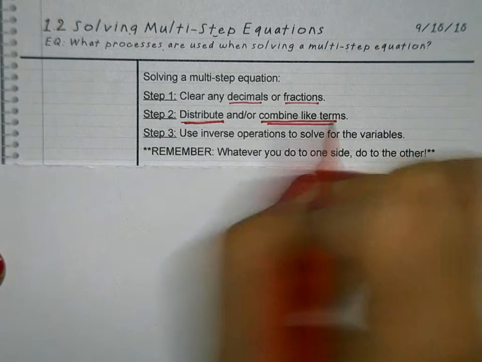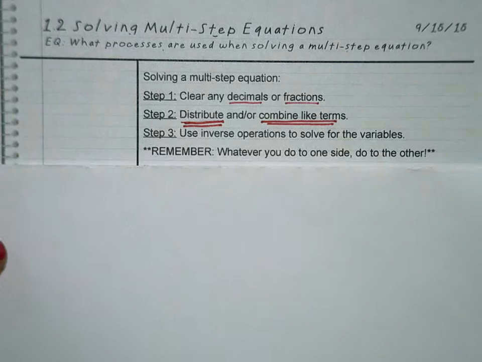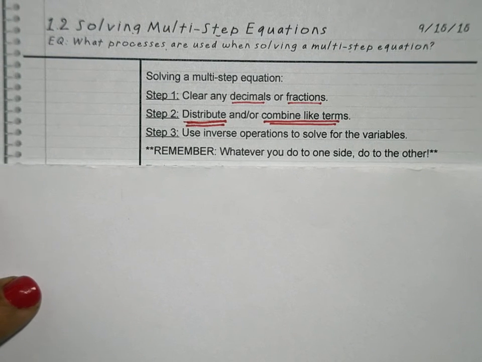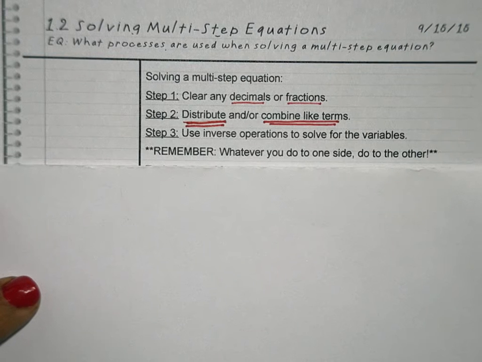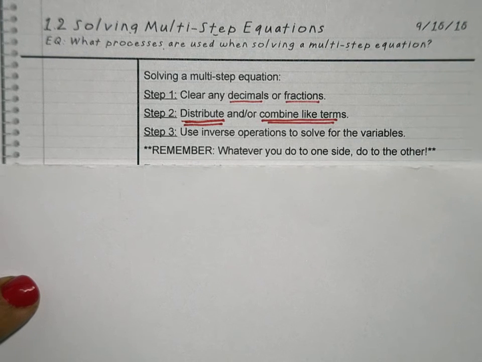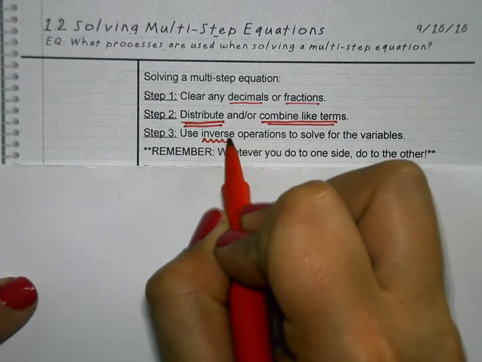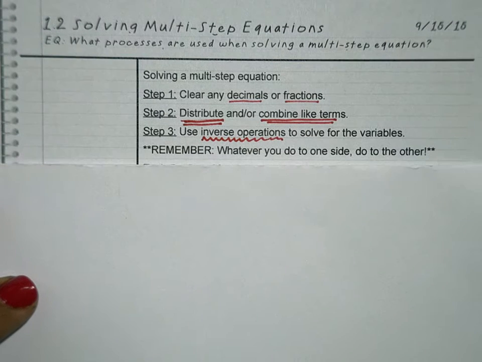So sometimes you will not have any distributing, you will just have like terms. Sometimes you will have distributing, but you won't need to combine like terms, and sometimes you'll have to do both. Very last thing you will do is to use inverse operations to solve for the variables.